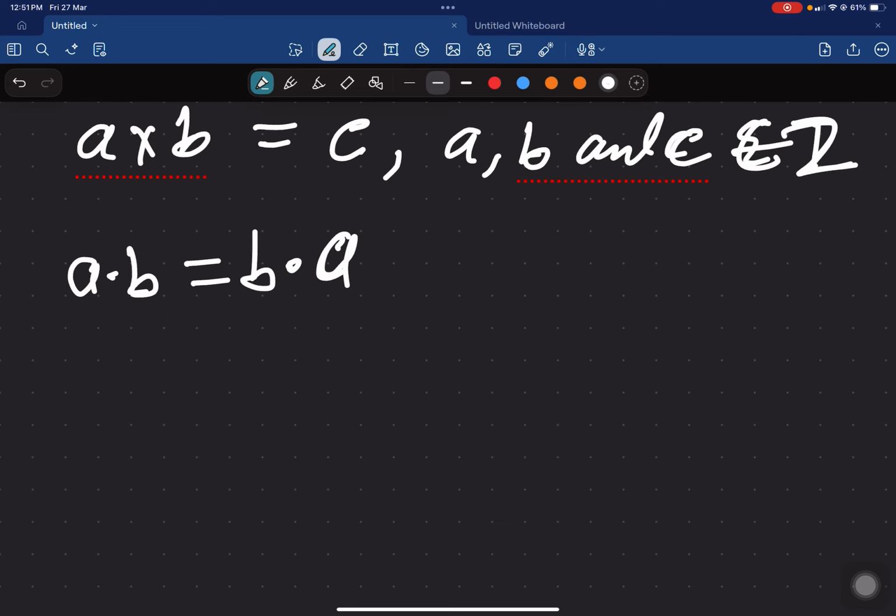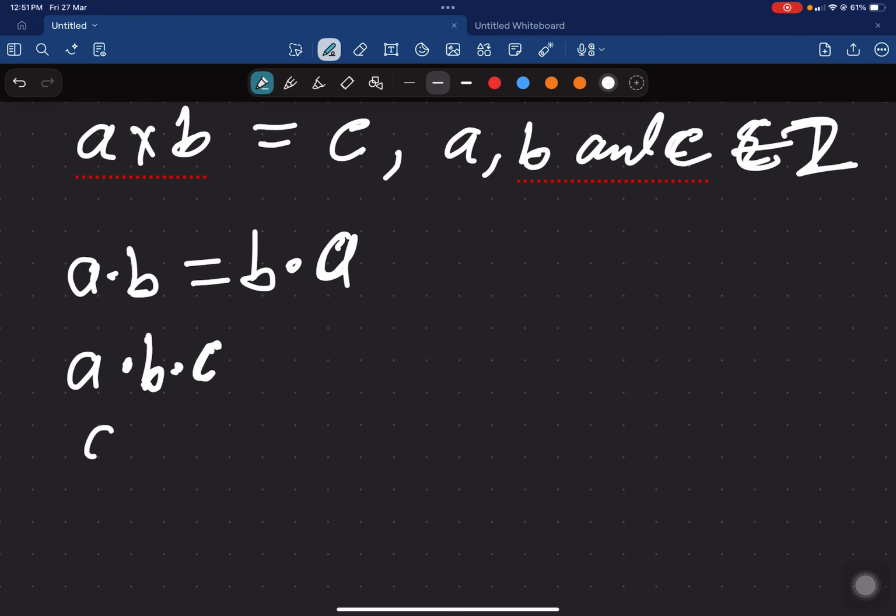So let's see, we've taken 3 integers, so a times b times c. Multiplication, as you do, you take 2 things and multiply. If it is 4 numbers you are multiplying, you take 2, multiply, use the result to multiply the next one, then the result to multiply the next one. That's how it is done on the basic level. So if you have 3 integers a, b, and c that you are multiplying, then a can be multiplied by the result of b times c.